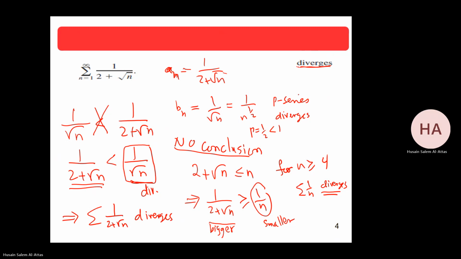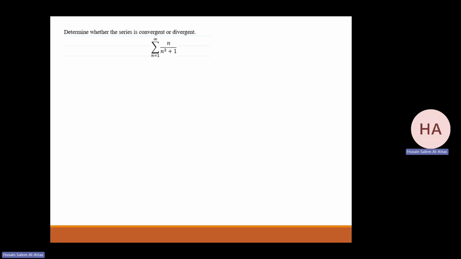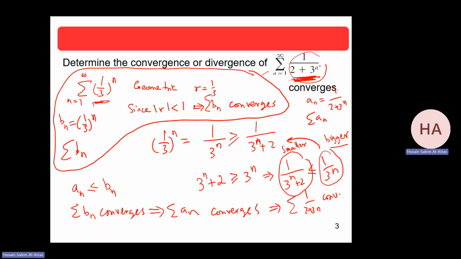If the smaller one diverges, then the bigger one diverges. Think about it: diverges, goes to infinity. For sure, the bigger one will go to infinity. And if this is going to a value, converges, the sum will be a value. So think about it like this, bigger and smaller.